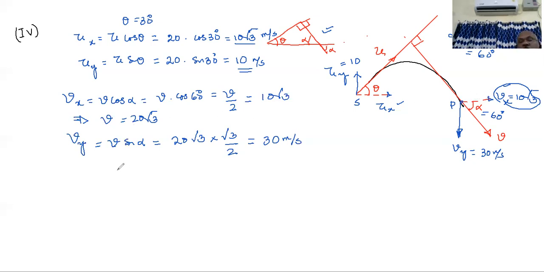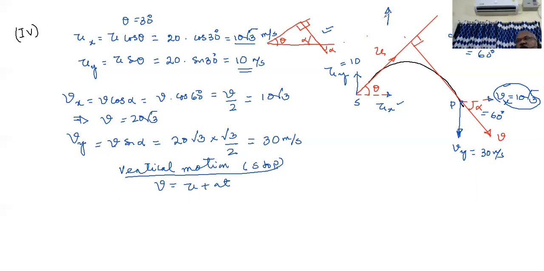We don't have to do anything much more. We just consider vertical motion. In case of vertical motion, from the starting point to point P, we just consider V equal to U plus AT. We know our old sign convention is still valid.